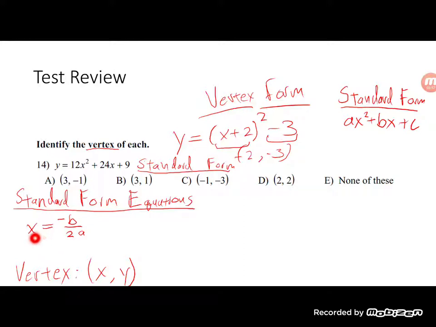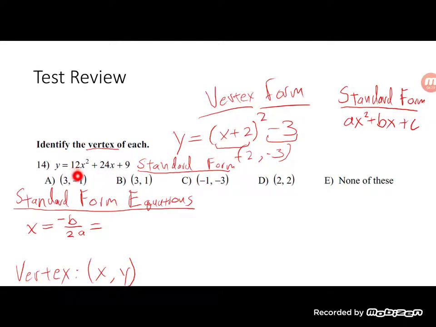So this equation can conquer half the battle, which is good, and we can use other methods to then get the y, but realize this isn't the only thing to the question. So we're going to use this equation to go ahead and find the x value of the vertex. And now I'm just going to associate my variables a and b with my equation that is in standard form.